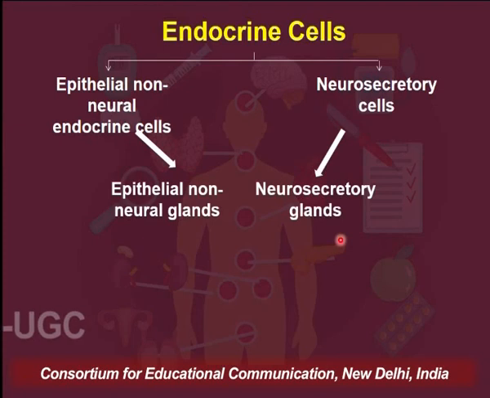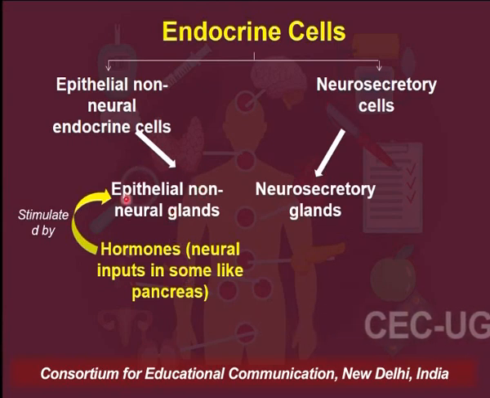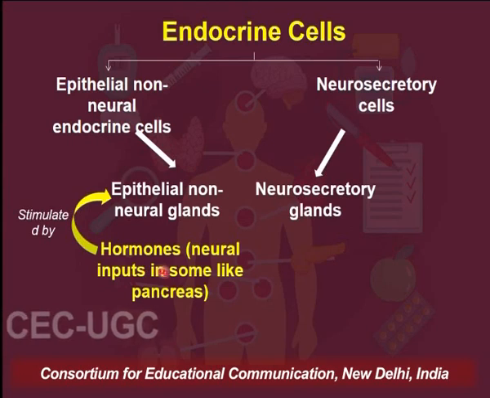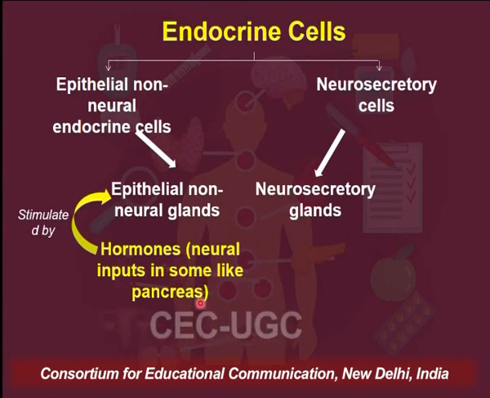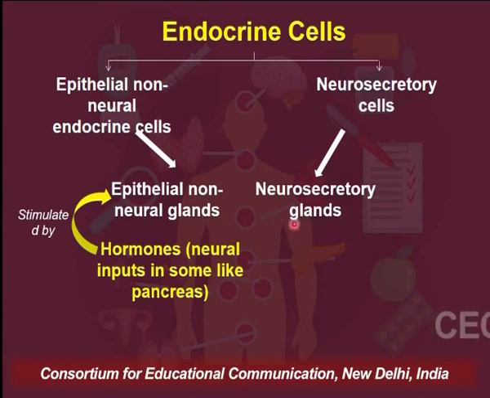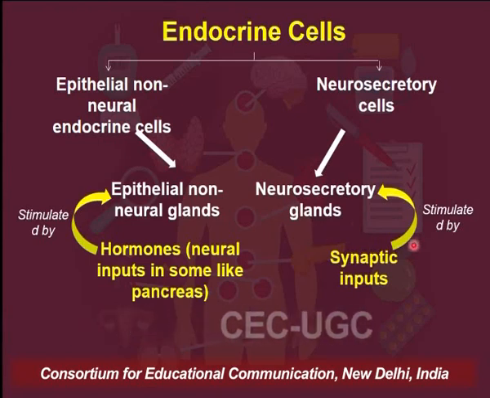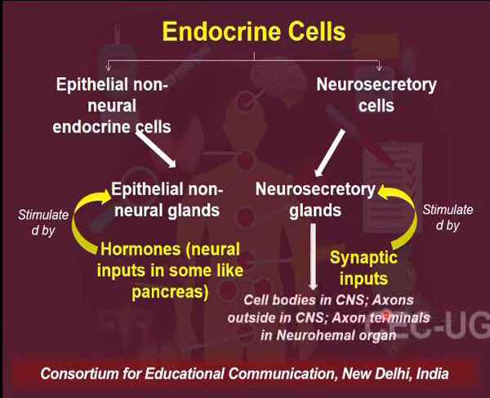Now, what is interesting is how these two types of glands get regulated. These non-neural glands are mostly stimulated by hormones, with the single exception of the pancreas, wherein some neural inputs are also there. But if we look at these neurosecretory glands, you will see that these glands get stimulated by synaptic inputs.